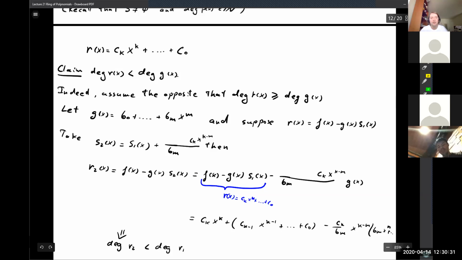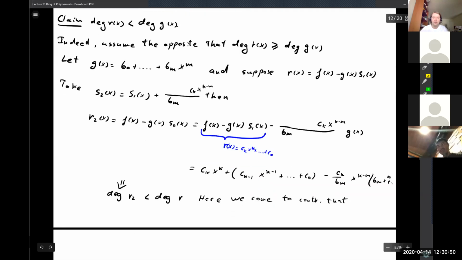And here we come to the contradiction that the degree of R is minimal. Here we go.